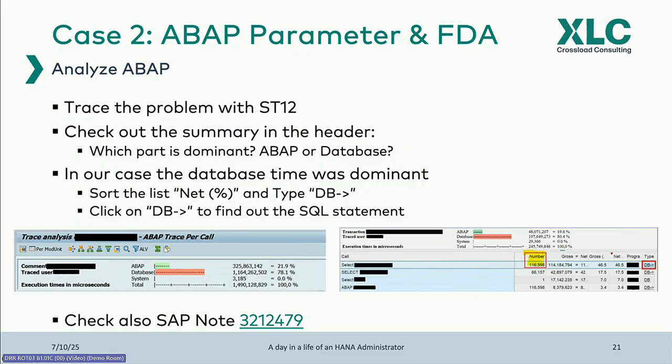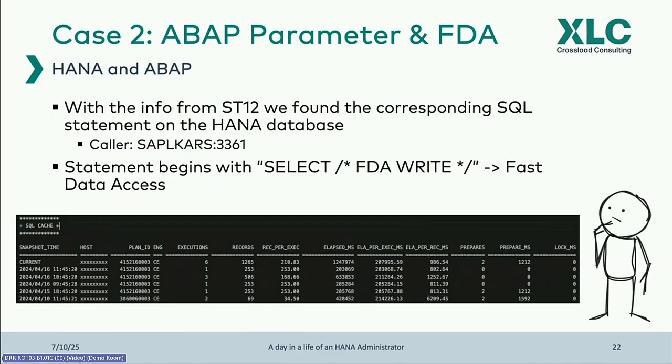Basically, the note is about how can I use the ST12 to track down a problem on the HANA database, or how can I use the ST12 to decide if the problem is based on the HANA database. And yeah, with the information from the ST12, we found the corresponding SQL on the database.